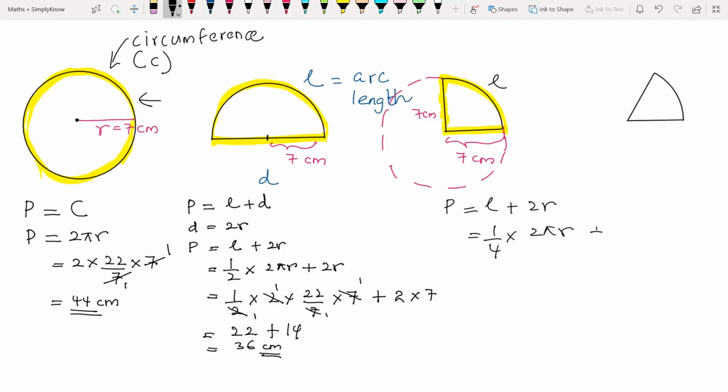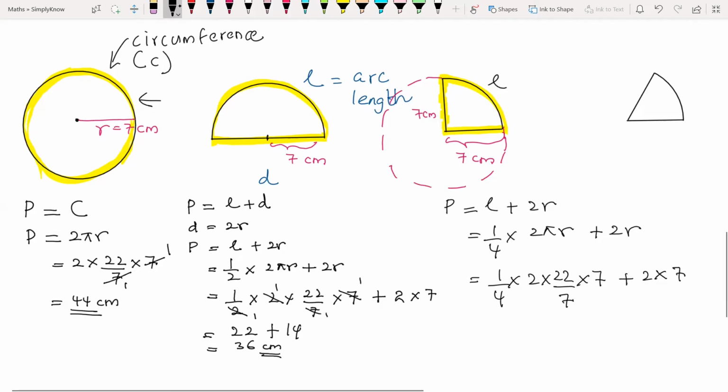And also we need to add 2r. So let's apply quarter times 2 times 22 over 7 and r is 7 plus 2 times 7.